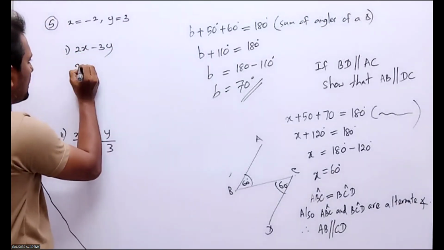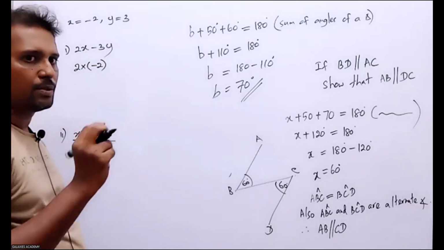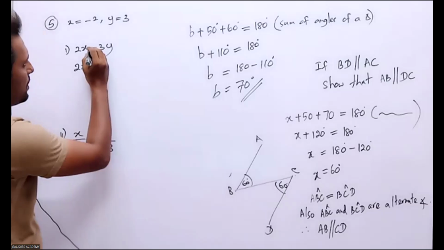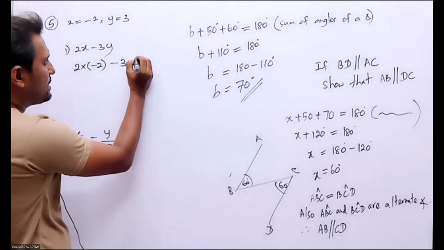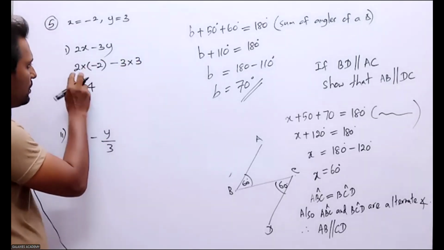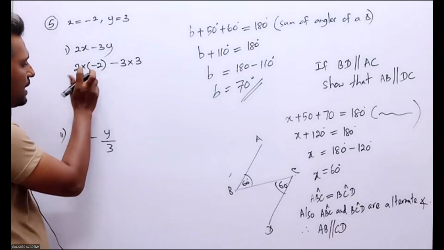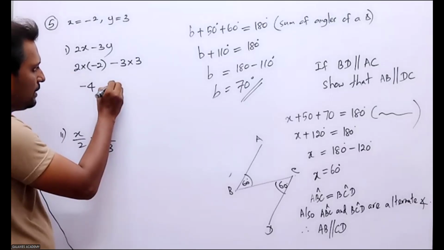2x means 2 multiply x, which is -2. When you substitute the negative values, you use the bracket. Minus 3y, 3 multiply y is 3. Now look at 2 multiply 2, 4. Positive multiply negative, negative. 3 times 3, 9.